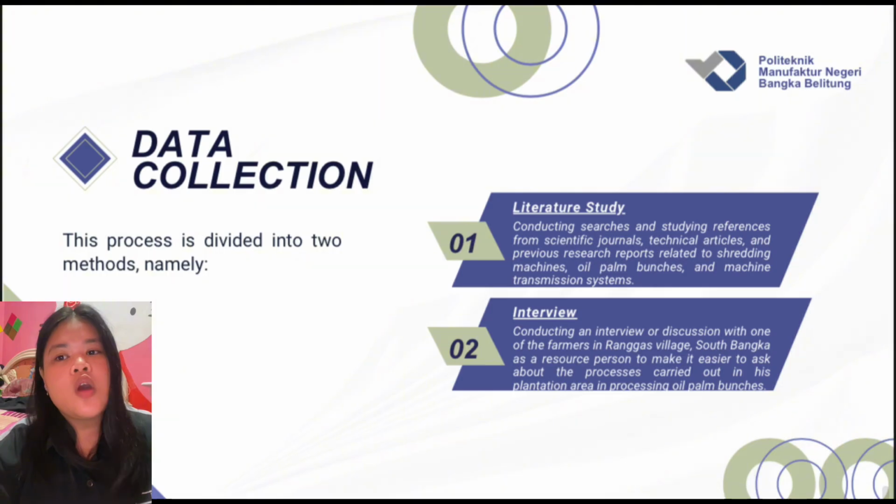Two, interview. Conducting an interview or discussion with one of the farmers in Rangas village, South Bangka, as a resource person to make it easier to ask about the process carried out in his plantation area in processing oil palm bunches.